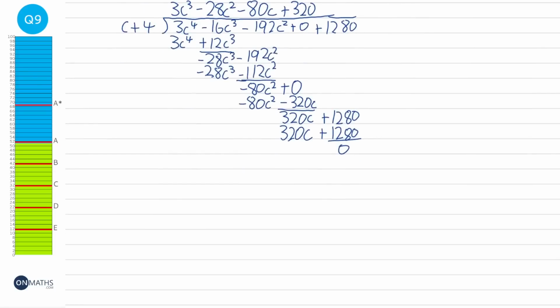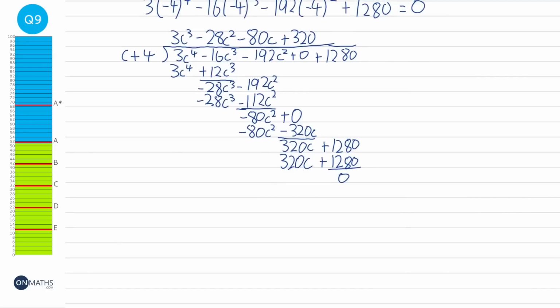So we're going to have to do this whole thing again, but instead of this 3c to the power 4 expression, we're going to substitute or divide it out from the 3c cubed, because effectively here we've shown that it can be written as this, so 3c cubed minus 28c squared minus 80c plus 320.